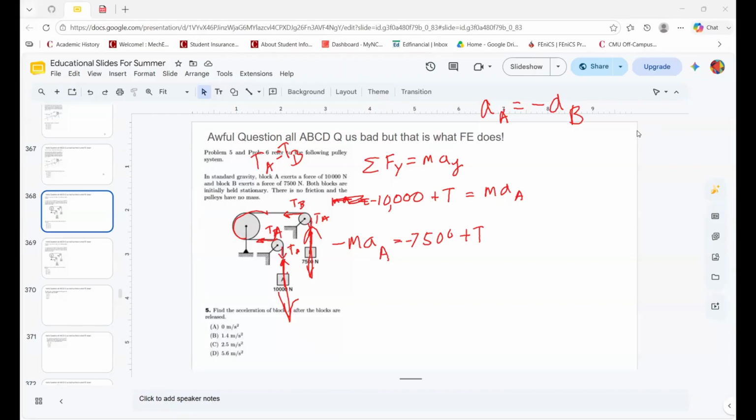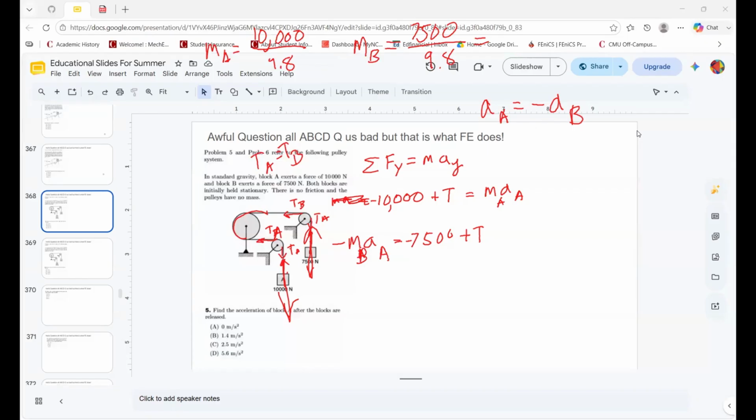You might be asking, we don't know the mass of A and B. Well, m_A is equal to 10,000 divided by 9.8, because W equals mg. Mass of B is equal to 7,500 divided by 9.8. So there we go, we have everything.